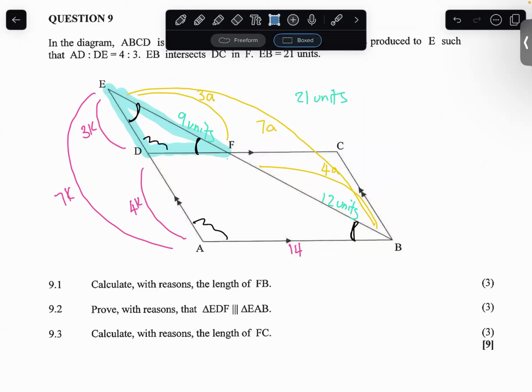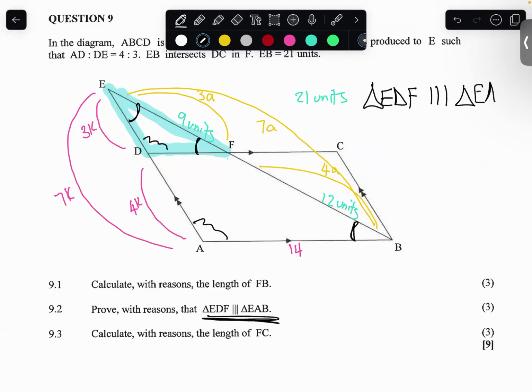Right, okay. Calculate with reasons the length of FC. I want you to see that generally after they ask you to prove two triangles similar, they'll ask you a question based off of those similar triangles. So I'm going to pull the triangles that are similar. It's EDF and EAB. They are asking me for the length of FC, right?